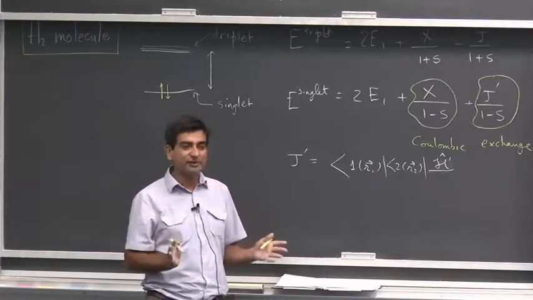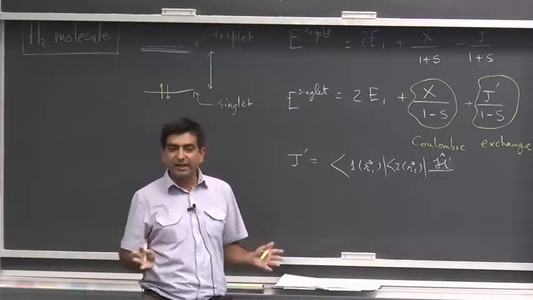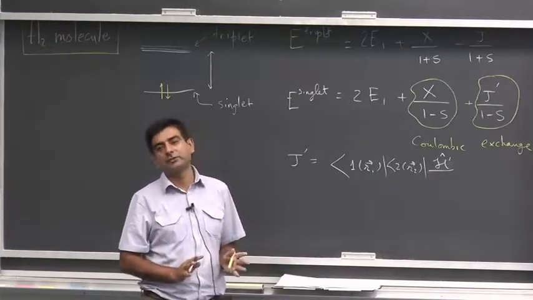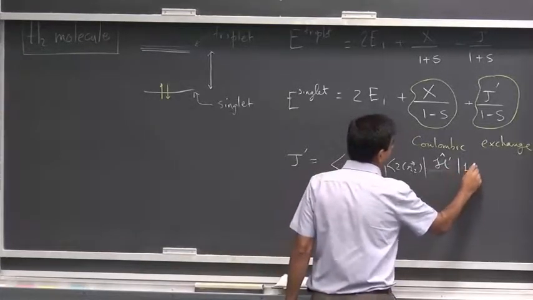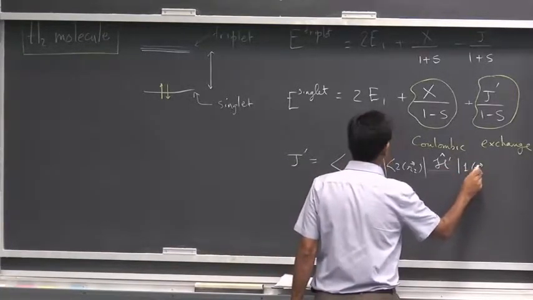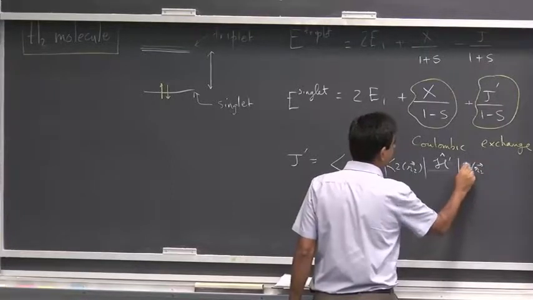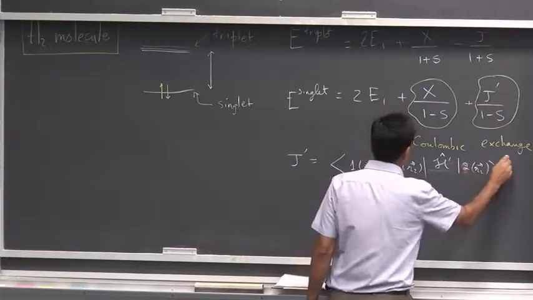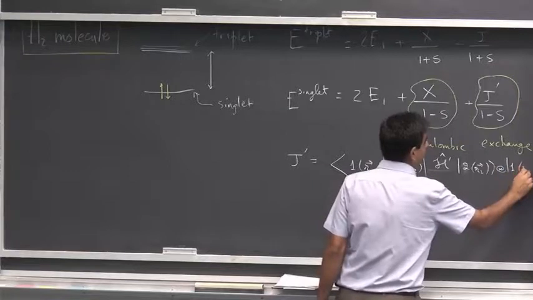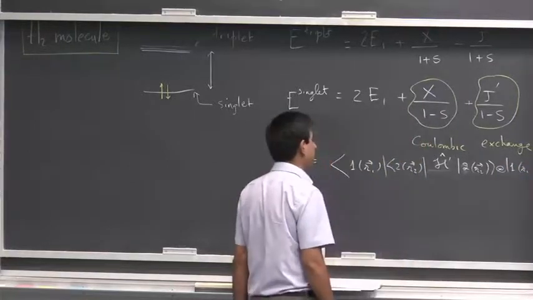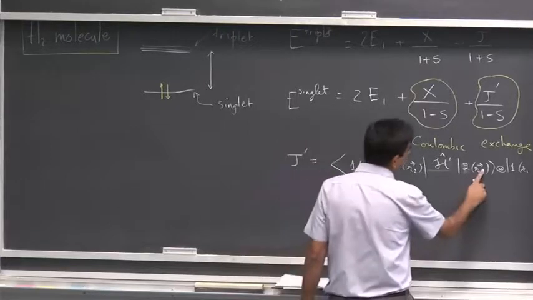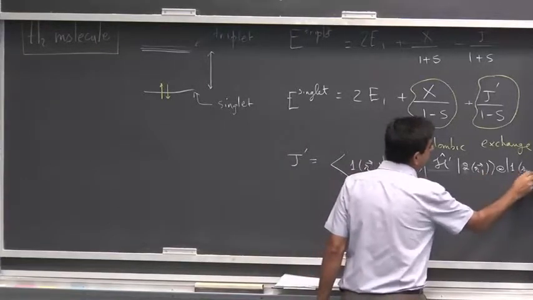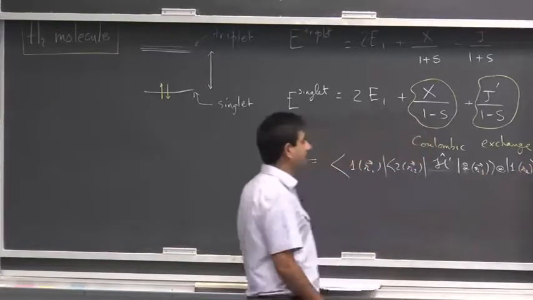So these are all the terms in the Hamiltonian besides the pure atomic Hamiltonians. Then 2(R2) crossed with 1(R1), and 2(R1) crossed with 1(R2).